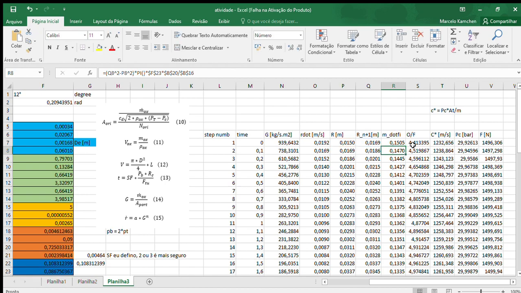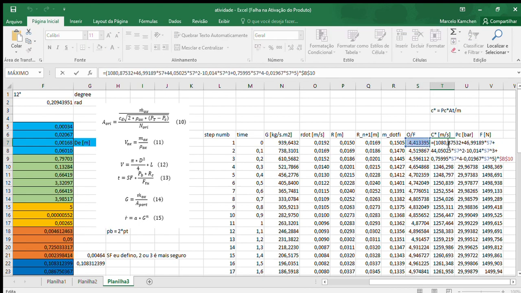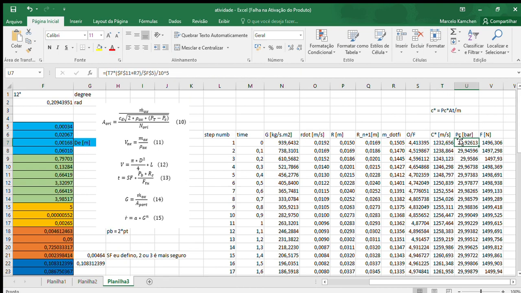For the OF, this is the same equation as for the first characteristic velocity. Chamber pressure, we divide by 10 to the power 5 to find it in bar, not in Pascal, and the generated forces.